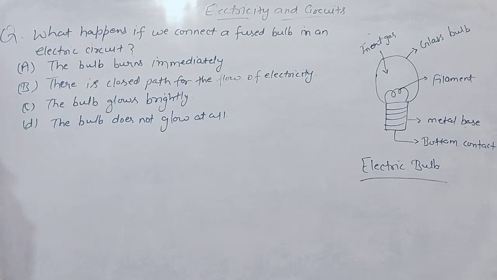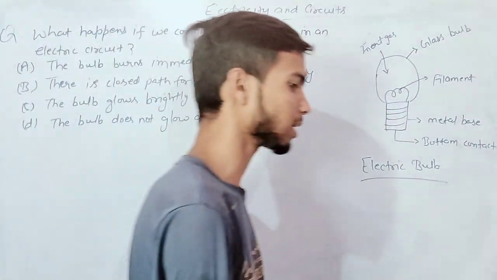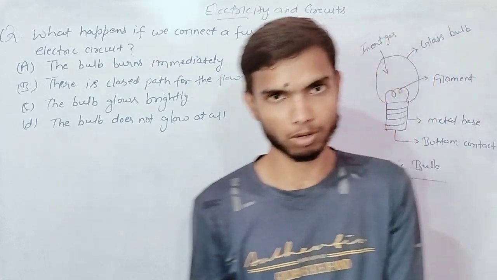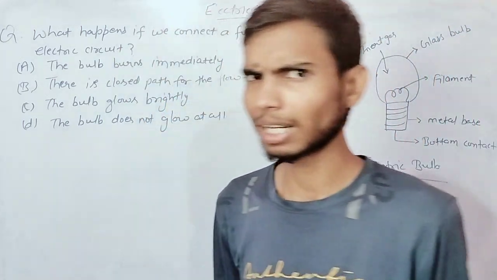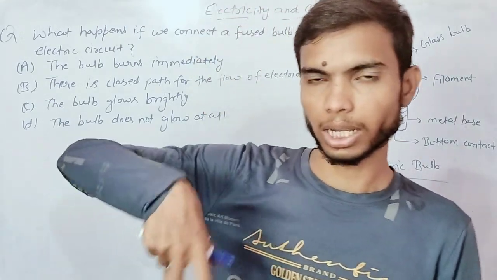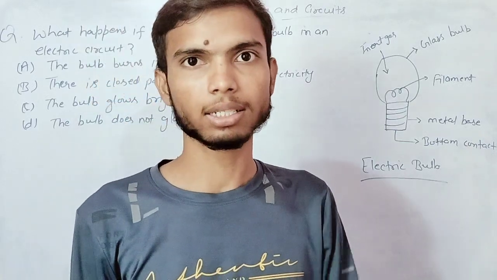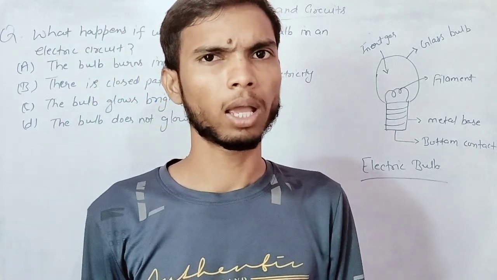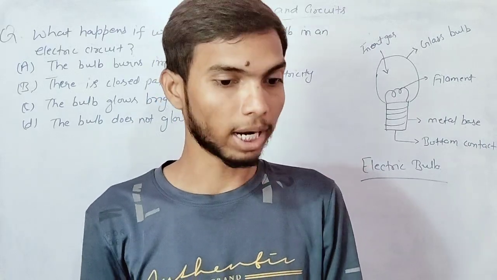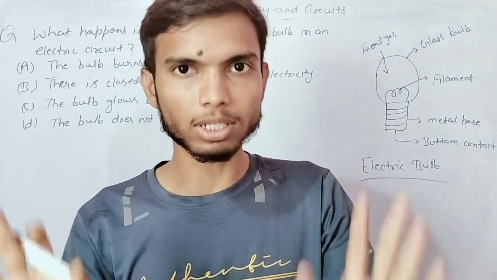What happens if we connect a fused bulb in an electric circuit? In an electric circuit, not in an electric cell, not in an electric bulb. Do you know what an electric circuit is? It is a complete circuit in which there is a bulb. The bulb is a fused bulb, and the question is asking: will the fused bulb glow or not when it is connected to the circuit?